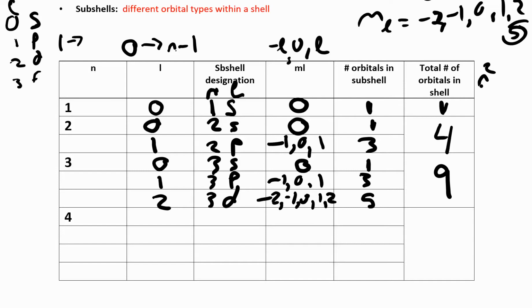So if I'm in energy level 1, 1 squared is 1. If I'm in energy level 2, 2 squared is 4. If I'm in energy level 3, 3 squared is 9. You can do the same thing for 4. I think I'm running out of time. I can have 0, 1, 2, or 3.